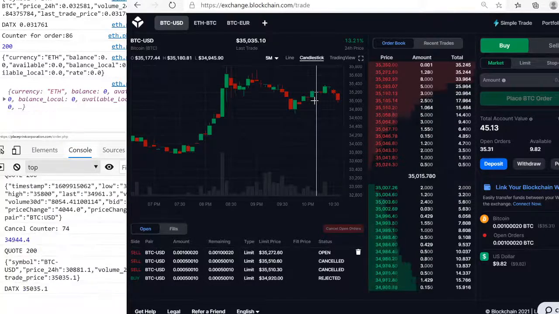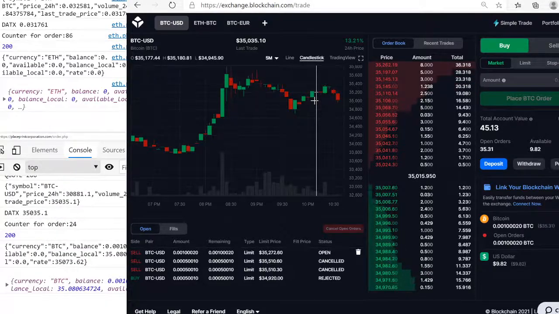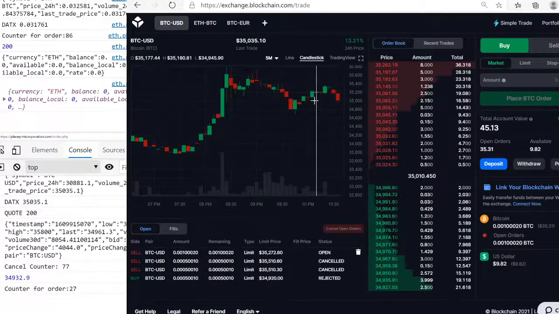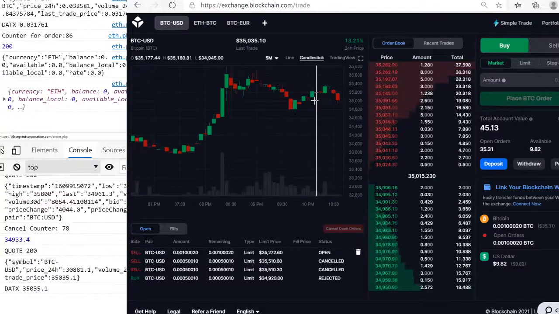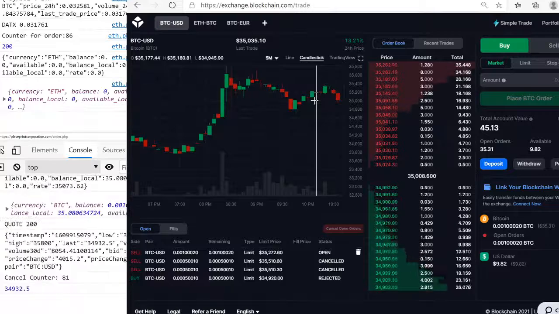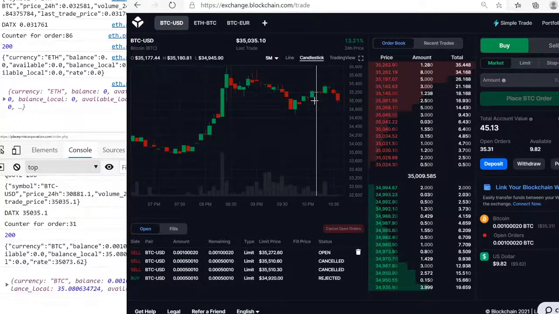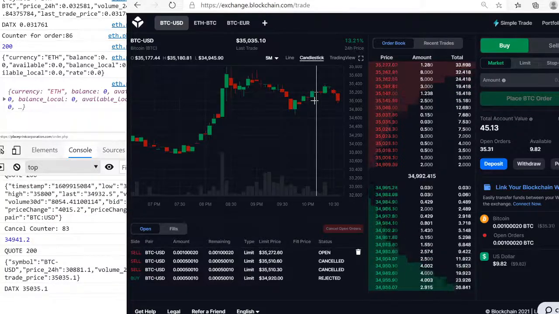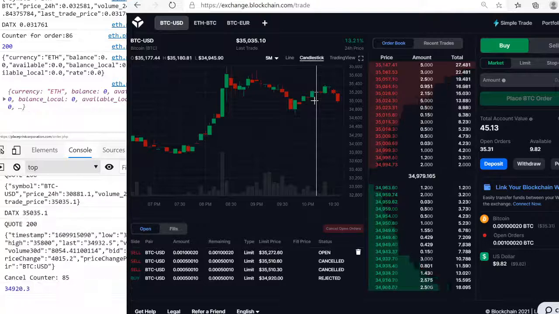Bid 3507. Bid now 34,995. We do have an offer at 35,272.